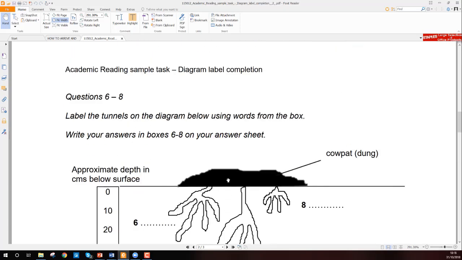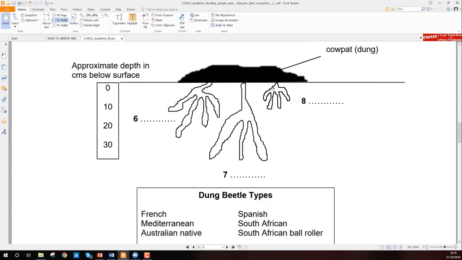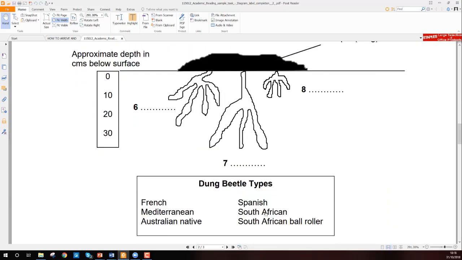Okay, so now we're going to have to highlight any keywords. So these are all the keywords that we need to think about, and then we're going to predict what type of words they are. So French, Mediterranean, Australian native, so they're all types of beetle, so we know what those are. So these are what we're going to have to look for. Okay, so the key here really is the difference between these three.